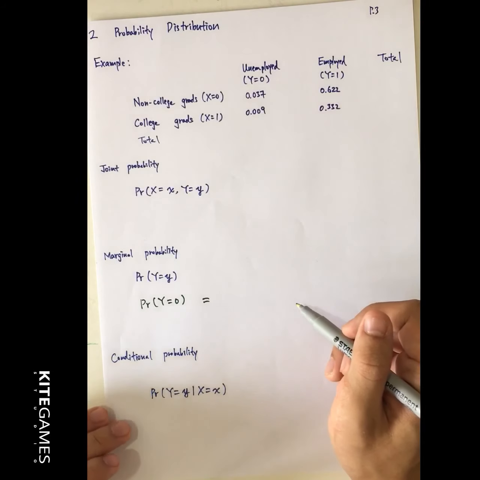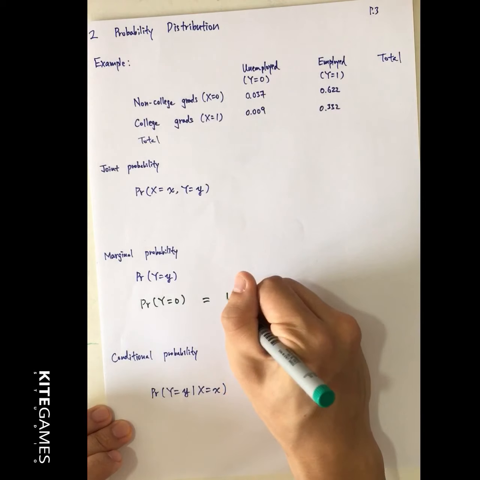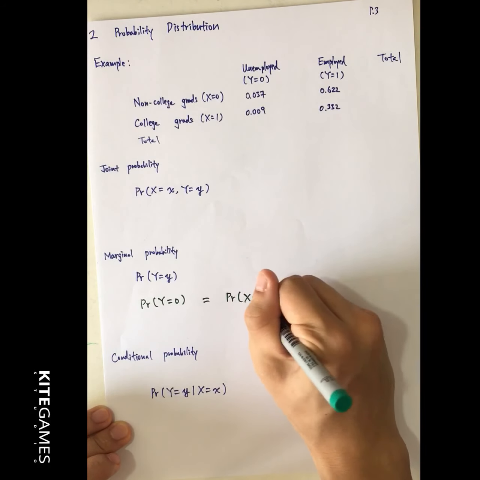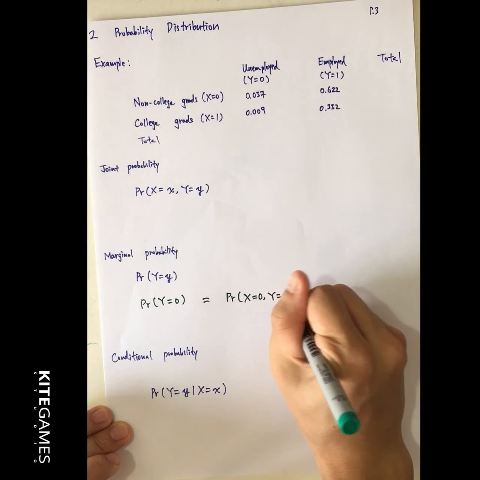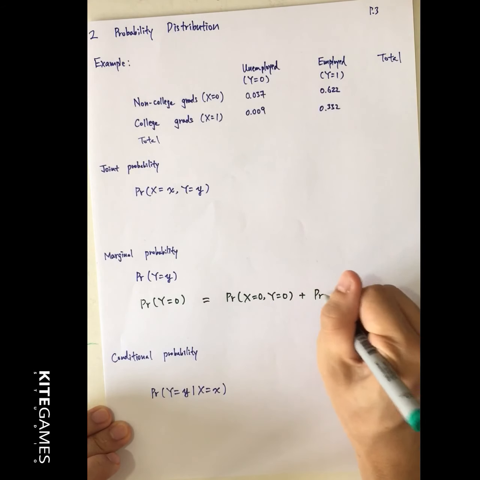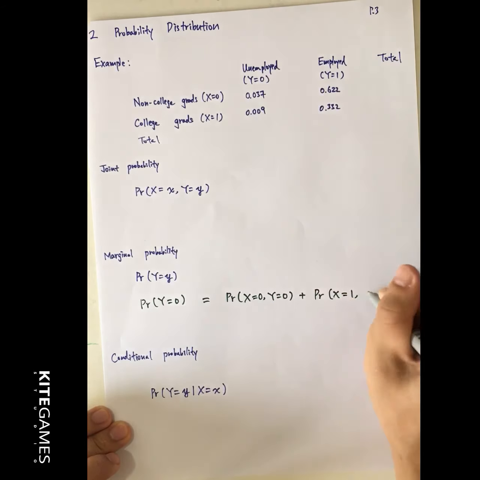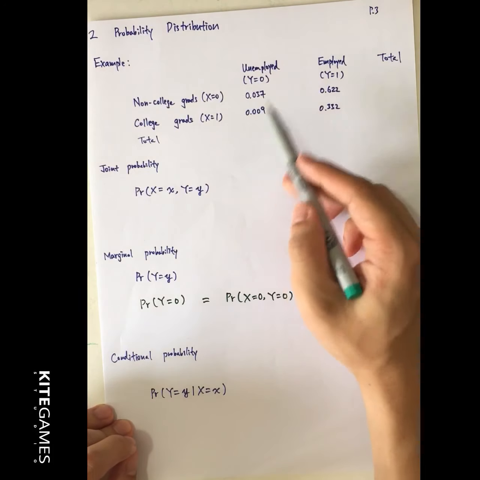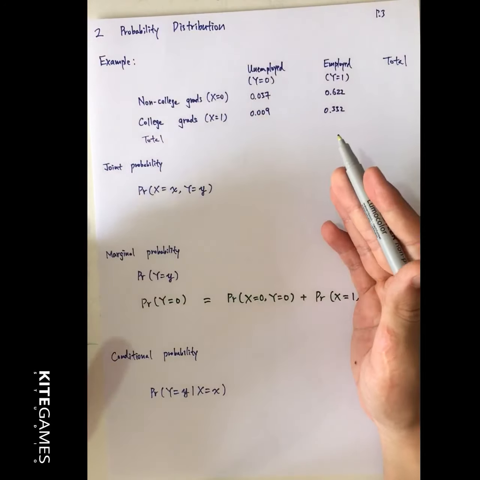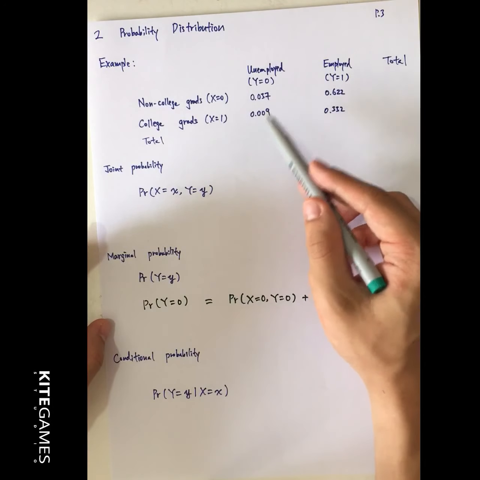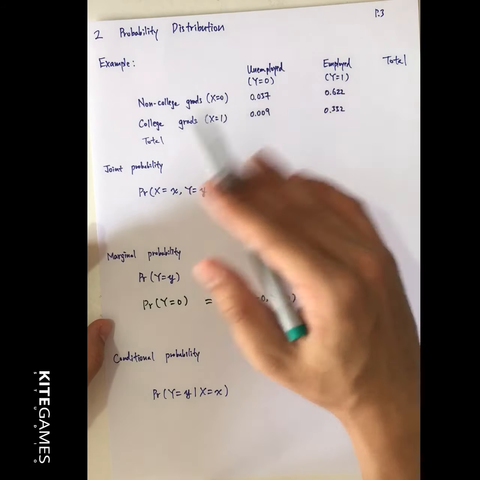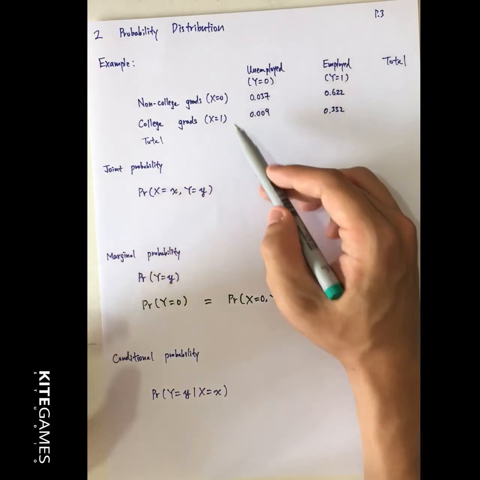So in mathematical terms, we want to find the probability that x equals 0 and y equals 0, plus the probability that x equals 1 and y equals 0. Because we know that for all the elements in our sample, x can be either 0 or 1. No other options, only 0 and 1.